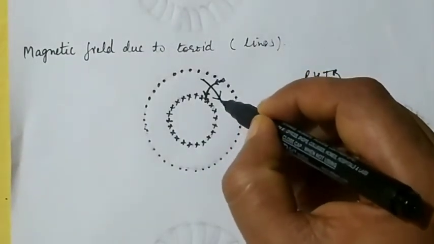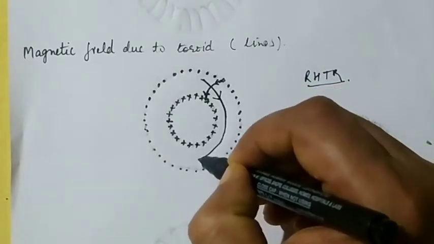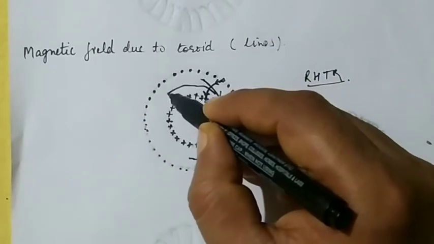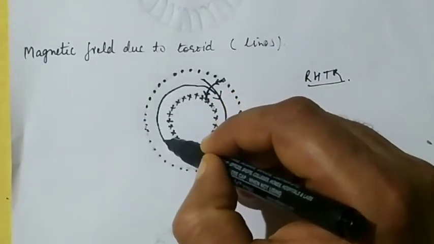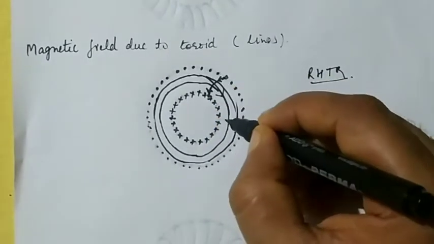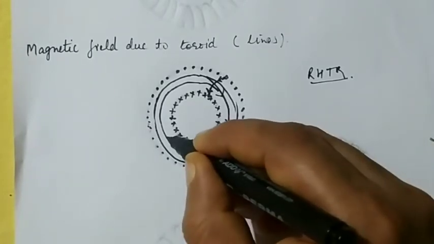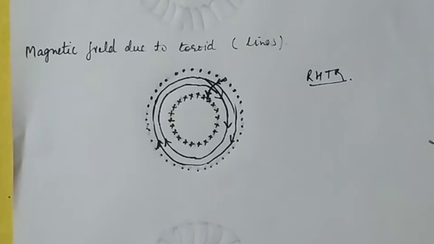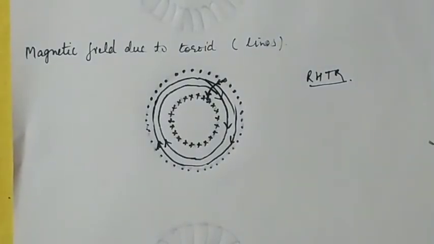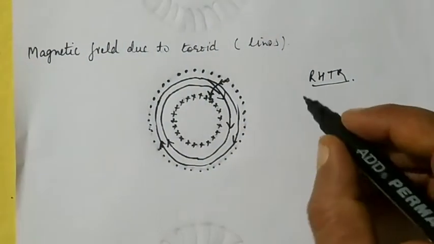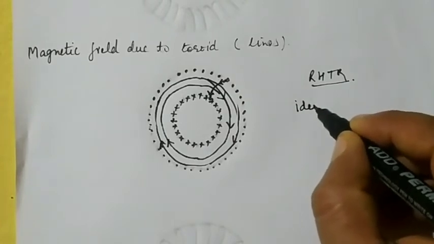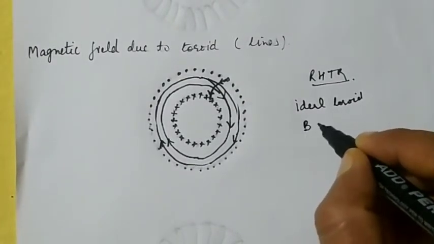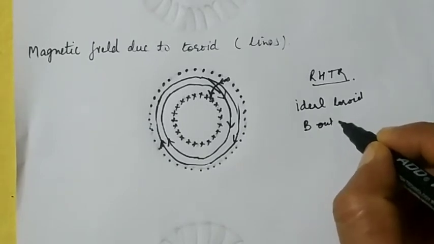If I draw the complete magnetic field lines, you will find the magnetic field for this toroid forms circular loops. This is the direction of the magnetic field lines inside a toroid. For an ideal toroid, the magnetic field outside is equal to 0.